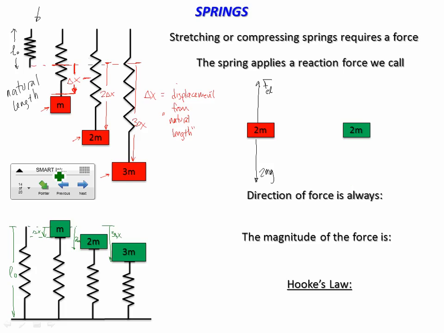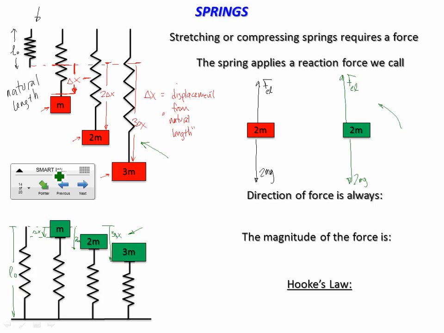We have a weight force downward and an elastic force upward. EL for elastic, like springiness. Big thing to notice: these displacement vectors, both here and here, all point downward, and the force that the spring applies is always upward.